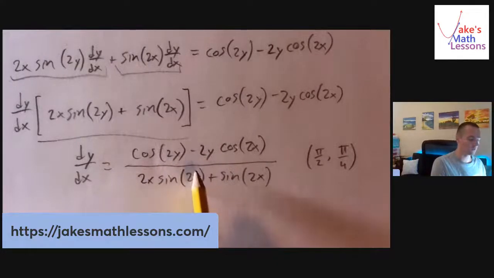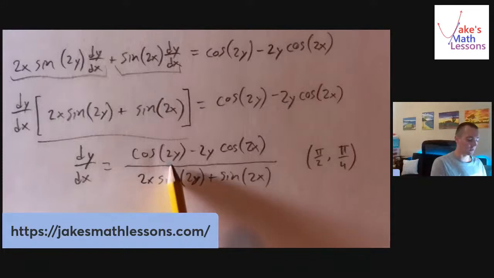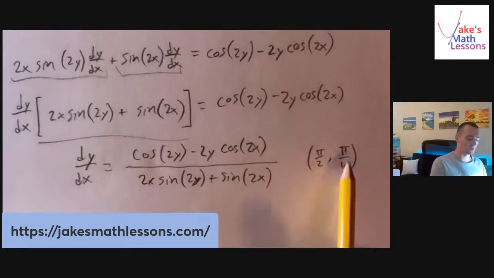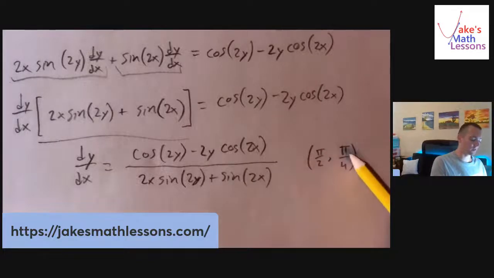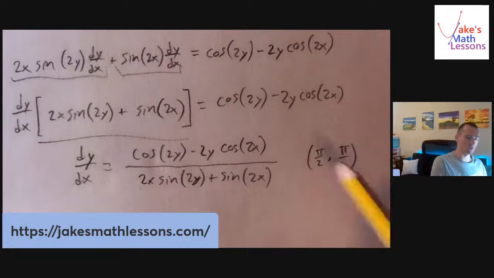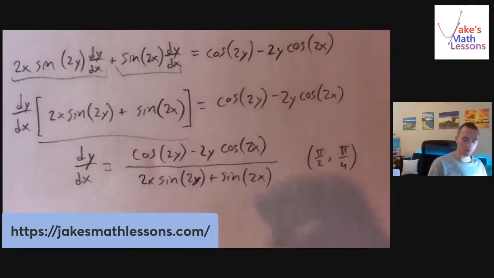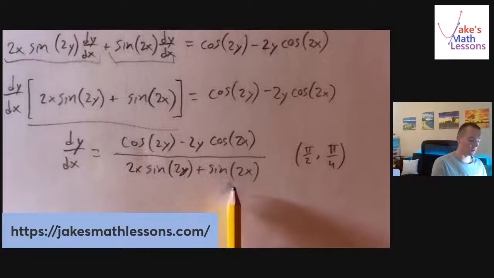It's not going to be terribly difficult, because for example, right here, cosine of 2y is just going to become cosine of pi over 4 times 2, which is cosine of pi over 2. Cosine of pi over 2 is 0. So same thing is going to happen here with sine of 2x.